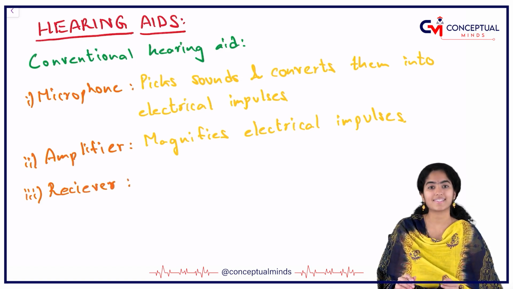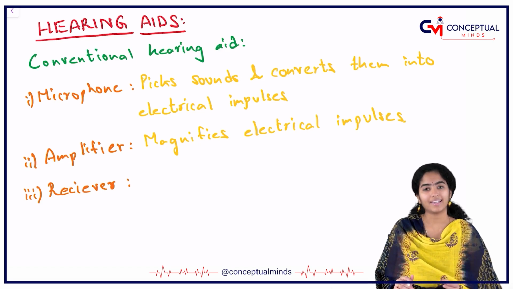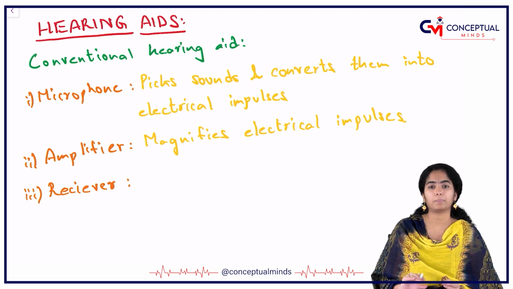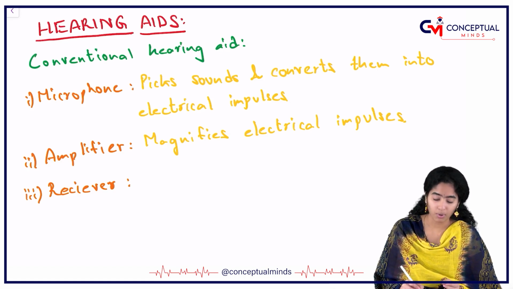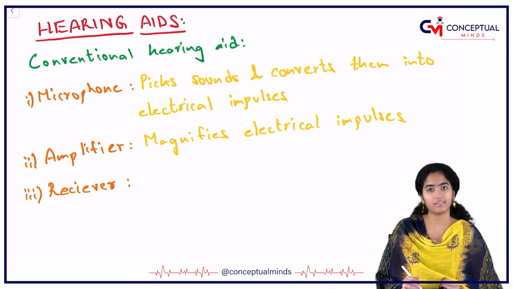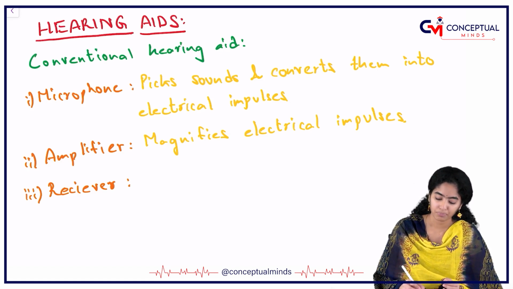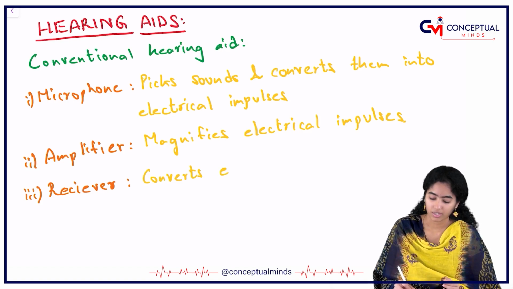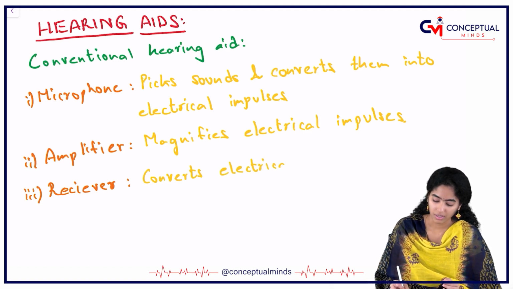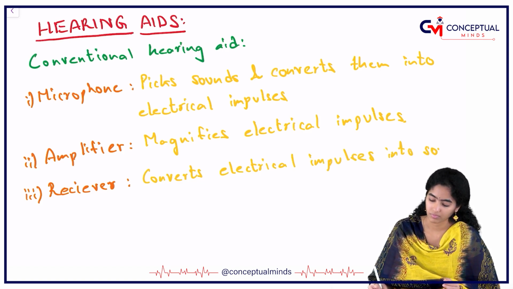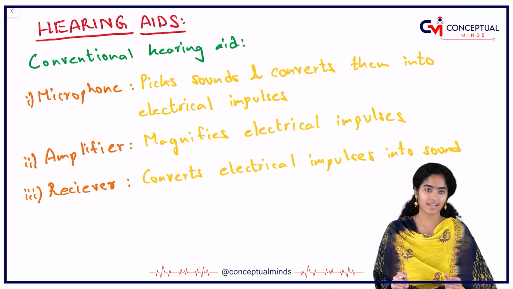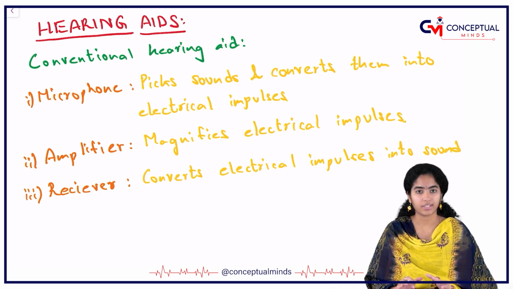What does the receiver do? It again converts the electrical impulses to sound impulses, because our body cannot decode the electrical impulses as it is, right? So receiver converts electrical impulses into sound. These are the three parts of a conventional hearing aid.